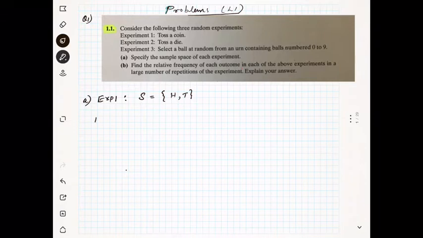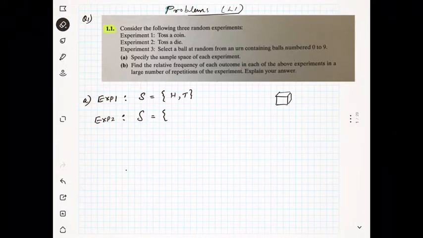Regarding experiment 2, what is the sample space? You are tossing a die. You know what a die is actually. It is a cubic object, and you can see that some points are marked here. One dot is marked here, for example, this is 2 dots, maybe here 3 dots, like this. So there are 6 faces for the die.